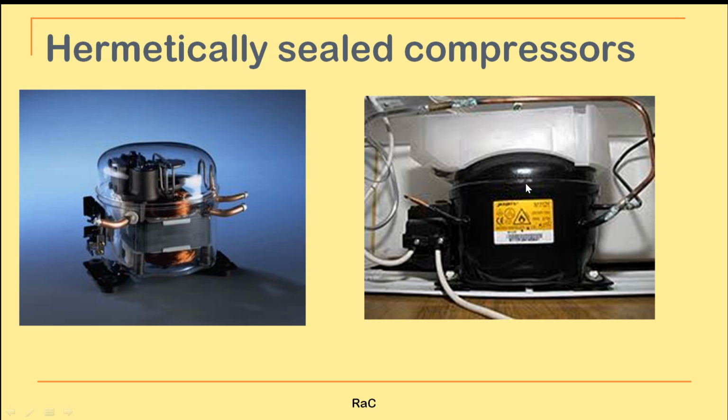Both the compressor and motor are mounted in the same housing. You can't see them separately from outside. Once you open the cover up, then only you will be able to see the compressor and motor. Both are mounted on the same shaft. Okay, so there is no separate power transmission mechanism required. Directly, power will be transmitted.